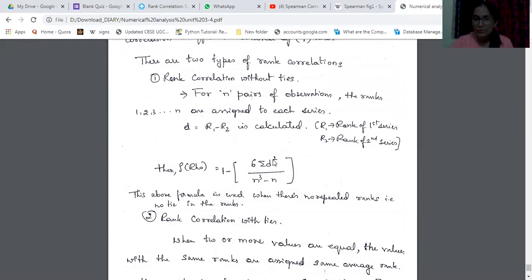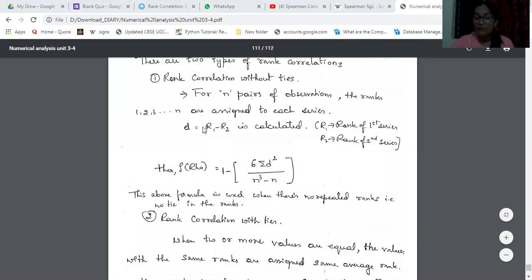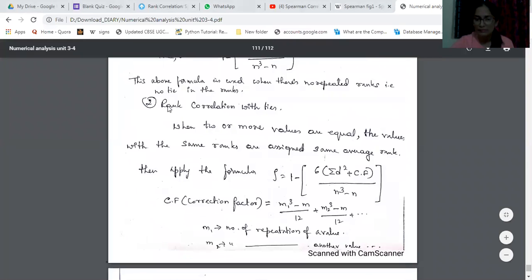Here d is equal to r1 minus r2, where r1 is the rank in the first series and r2 is the rank in the second series. We will understand what they exactly mean when we have a problem to solve. We will go through the problems later.